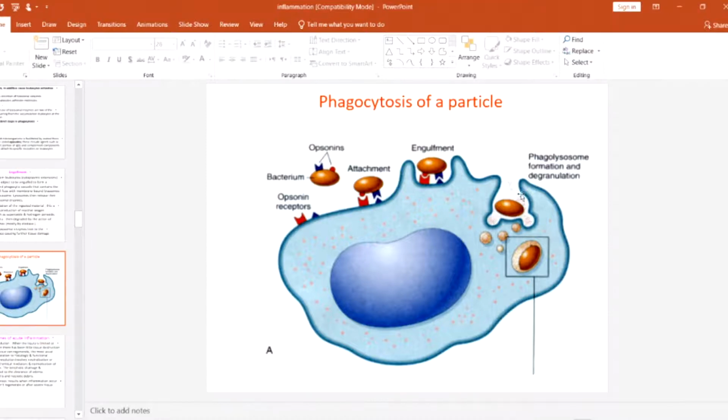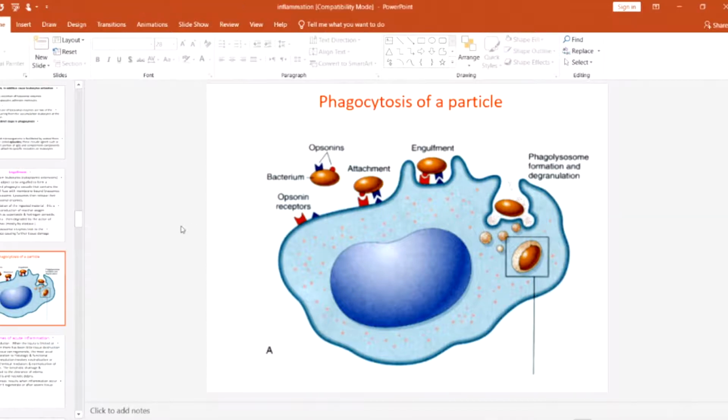And here the bacteria will be within the phagocytic vacuoles. And then these are the lysosomal vacuoles which contain the enzymes. So there will be a union between the lysosome and the phagocytic vacuole, forming the phagolysosome.